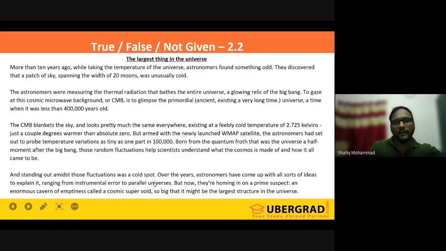Because here it is given: the cosmic supervoid is so big that it might be the largest structure. It might be, or it might not be also. When a word which shows some doubt comes, like it might be, bigger than this, something else would be there. That's what he's saying, right? So it might be will directly lead to not given. He's giving that word, it might be. So might itself is like 50-50 chances, it may be there, it may not be there. So we'll straight away keep it as not given. Okay. Yes.